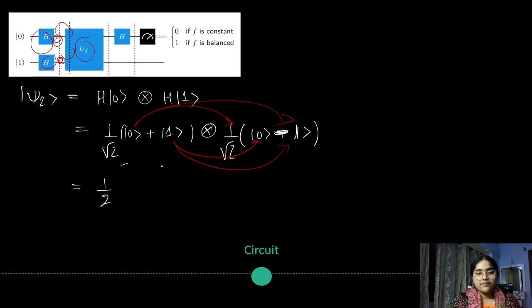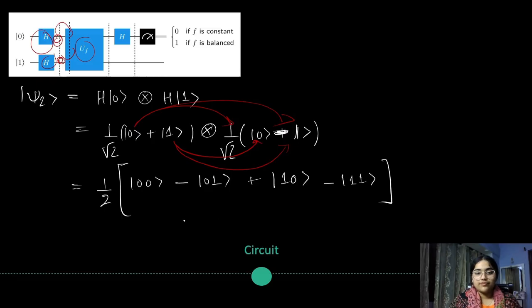Solving it, we get 1 by 2 times 00 minus 01 plus 10 minus 11. So this is our psi 2.